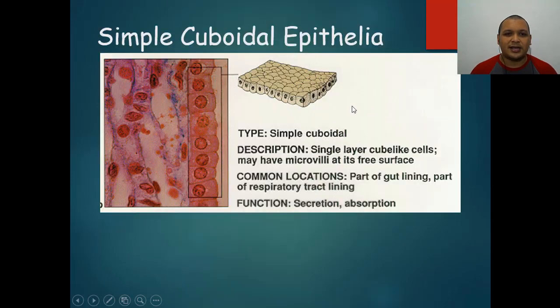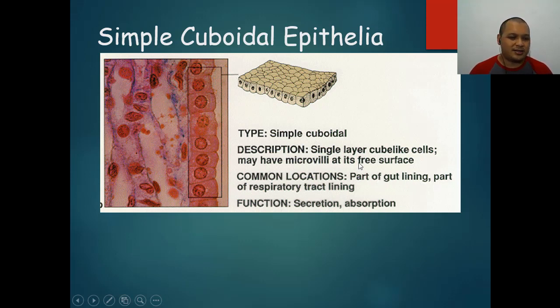Okay. Next, we have simple cuboidal epithelia, and this type, because of its shape, in some cases can have microvilli on the free surface, but in some cases, not all. And then the common location, we can find it in the gut lining, and some parts of the respiratory tract, and then we can also find it in the kidney.